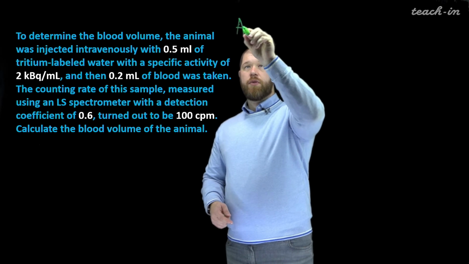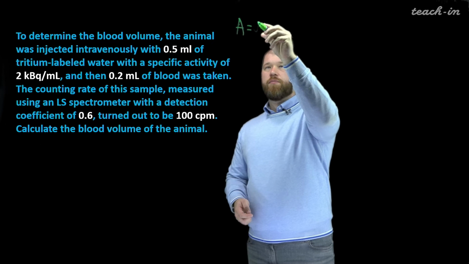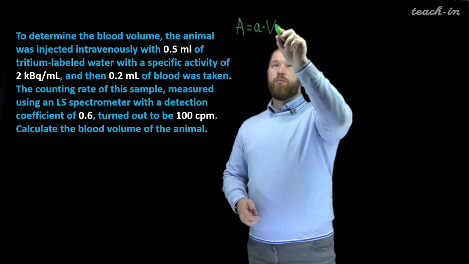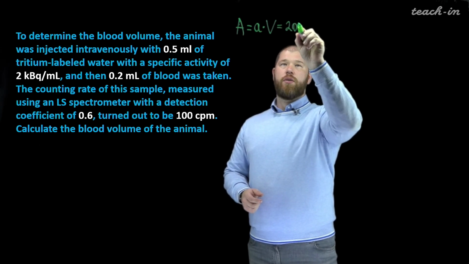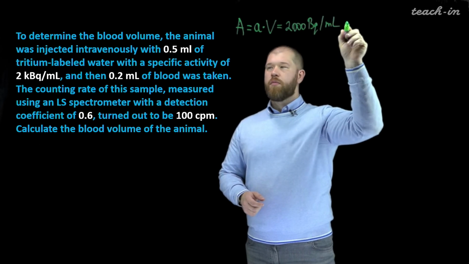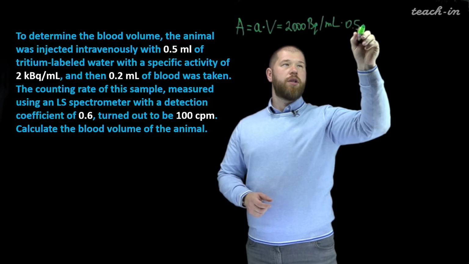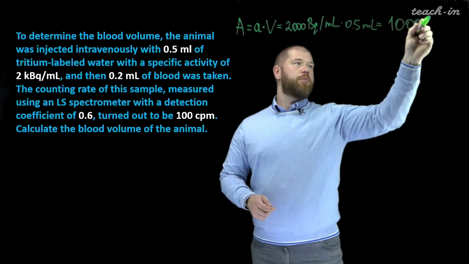The activity will be equal to our specific activity multiplied by the volume of the added activity. So it is 2000 becquerel per milliliter multiplied by 0.5 milliliter. So it will be simply 1000 becquerel.